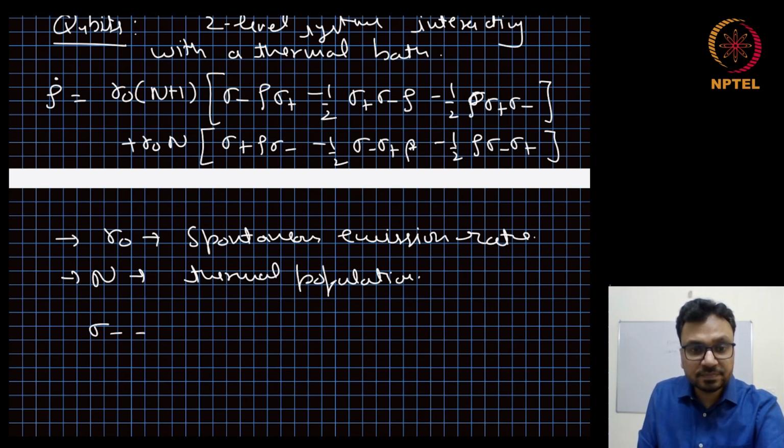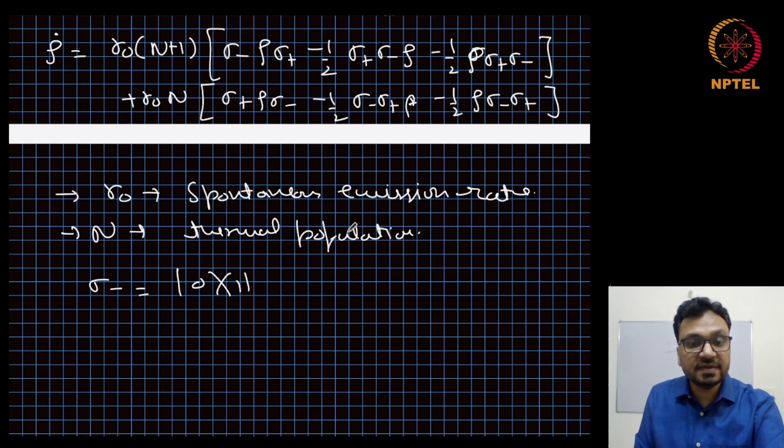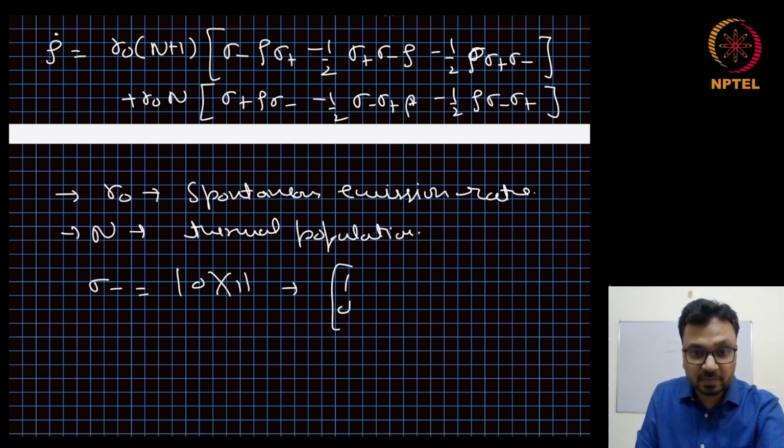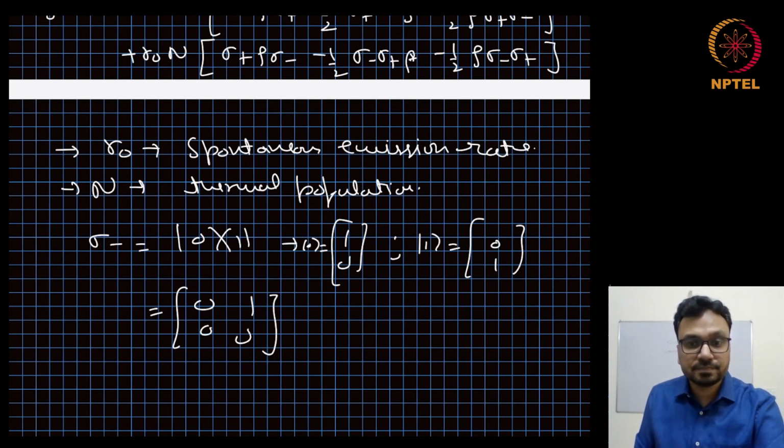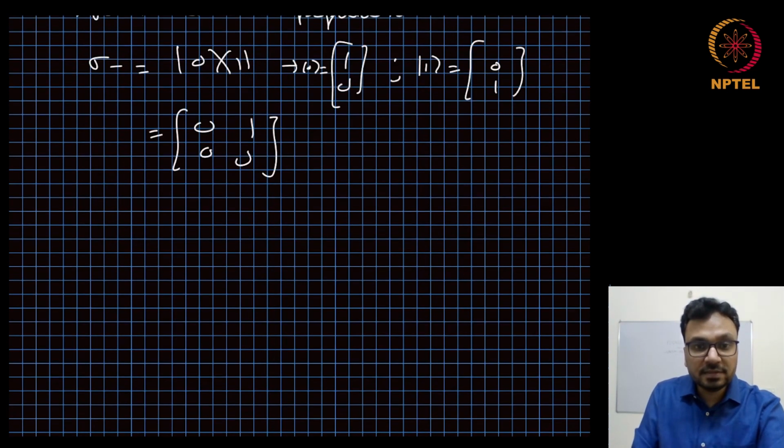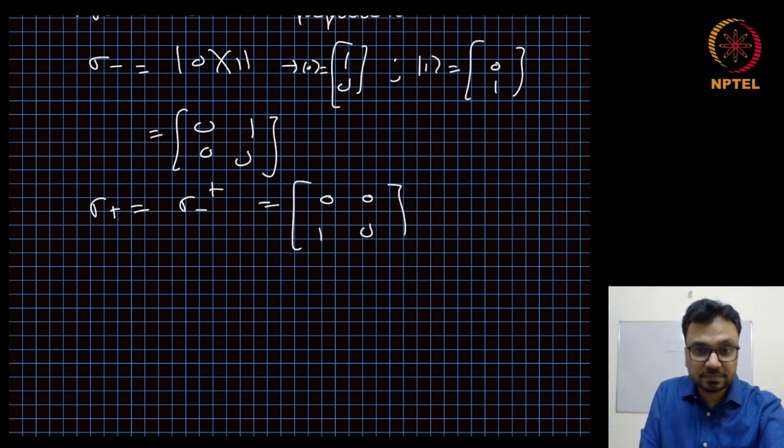Sigma minus is given by 0 outer product 1. That is, if it acts on 1, it takes it to 0, and we can write it if 0 is given by (1, 0) and 1 is given by (0, 1), then sigma minus will be the matrix (0 1; 0 0). Sigma plus is sigma minus dagger, that will be (0 0; 1 0).